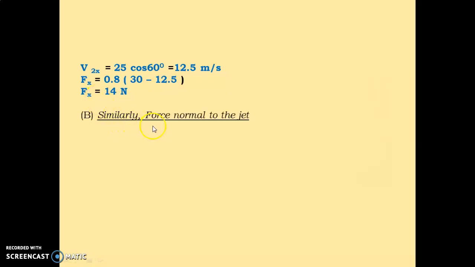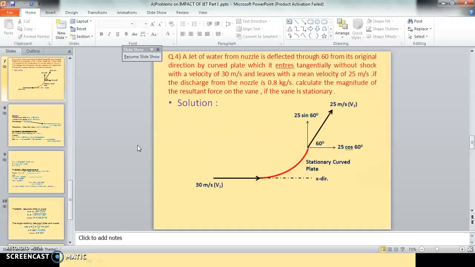Now similarly, next we'll find out the force normal to the jet. The formula will be the same: Fy, the force in the y direction, is equal to mass flow rate times the initial velocity in the y direction minus the final velocity in the y direction. The initial velocity in the y direction is 0, nil, there is no velocity component in the y direction.